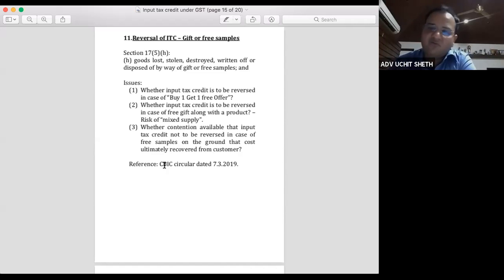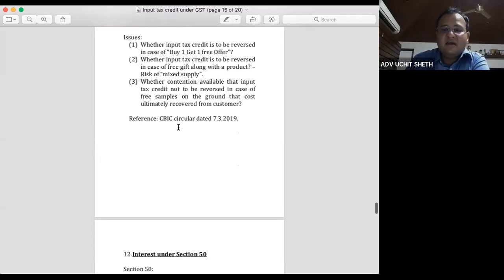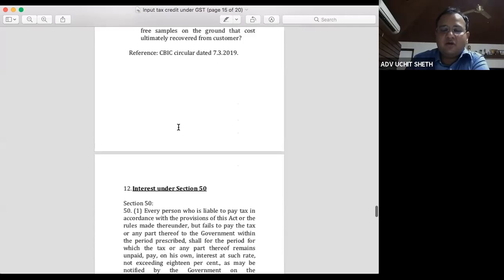That is no ground for claiming input tax credit even in respect of samples, particularly if you look at section 17(5)(h), which specifically refers to free samples. So according to me, this buy one get one free circular cannot be extended even to free samples or, say, gifts given to employees, etc., on the ground that ultimately we recover the cost from our customers.